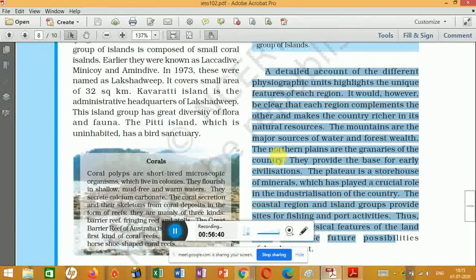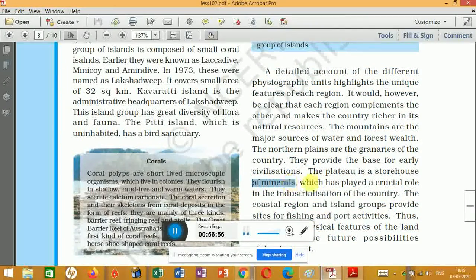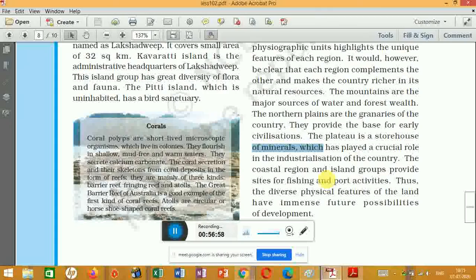Plains provide us agricultural crops; plains are known as granaries. Plateaus, on the other hand, provide minerals; plateaus are providing us so many useful minerals. In this way, each physiographic division, each landform, has an importance to us.